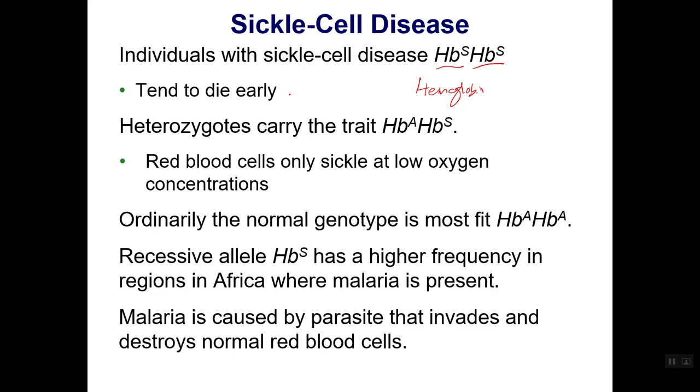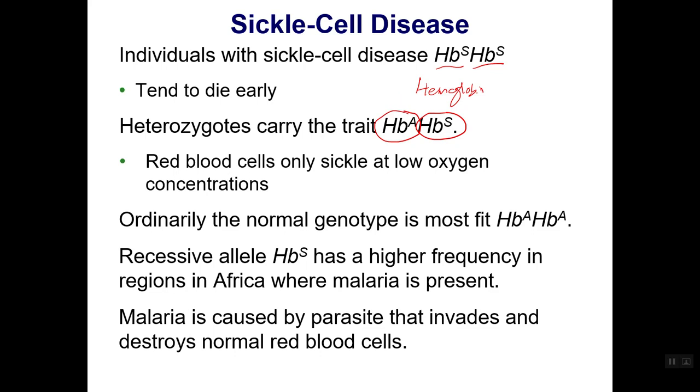But essentially they have medical problems and tend to die early relative to a heterozygous organism, or of course the normal genotype. Our heterozygotes for sickle cell disease carry the sickle cell gene, HbS, but they also have a copy of the normal allele, HbA.